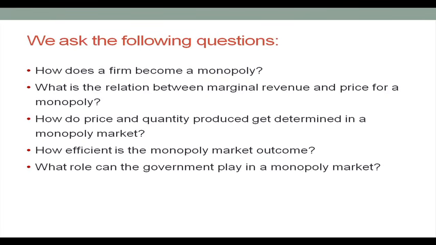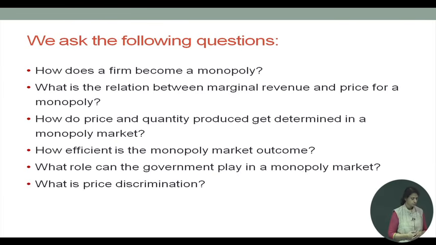What role can the government play in a monopoly market? Since the perfectly competitive market outcome was efficient, if we see some kind of inefficiency in a monopoly market outcome, can the government have some role to play there to correct it? That is a question we are going to ask.